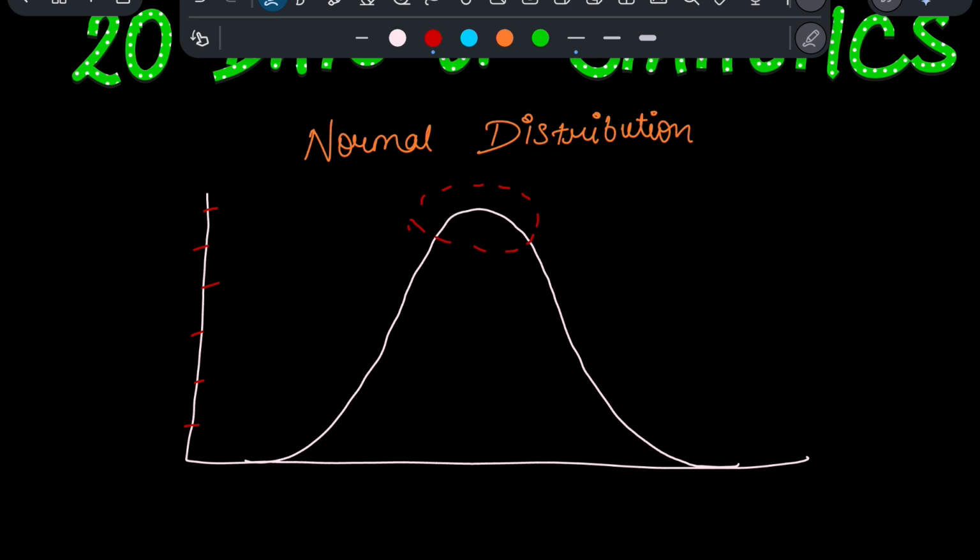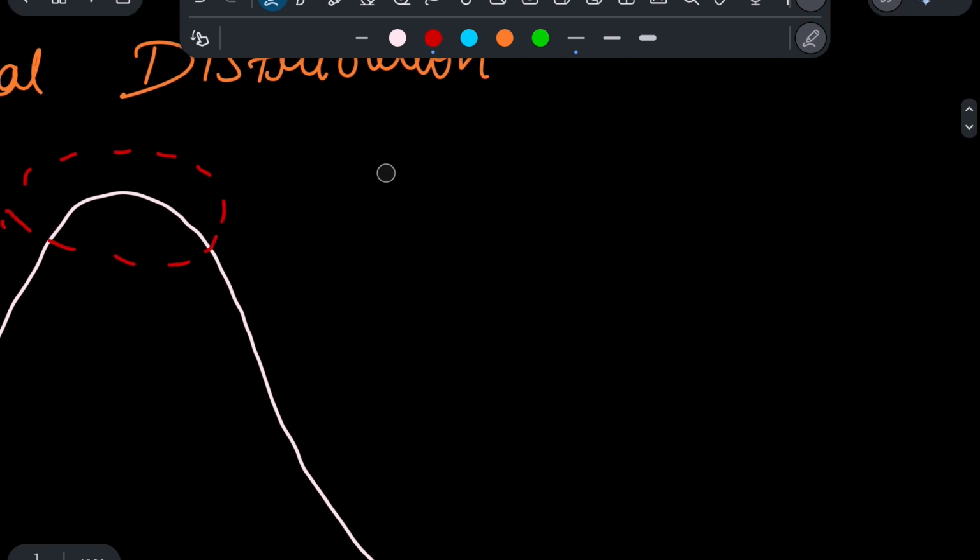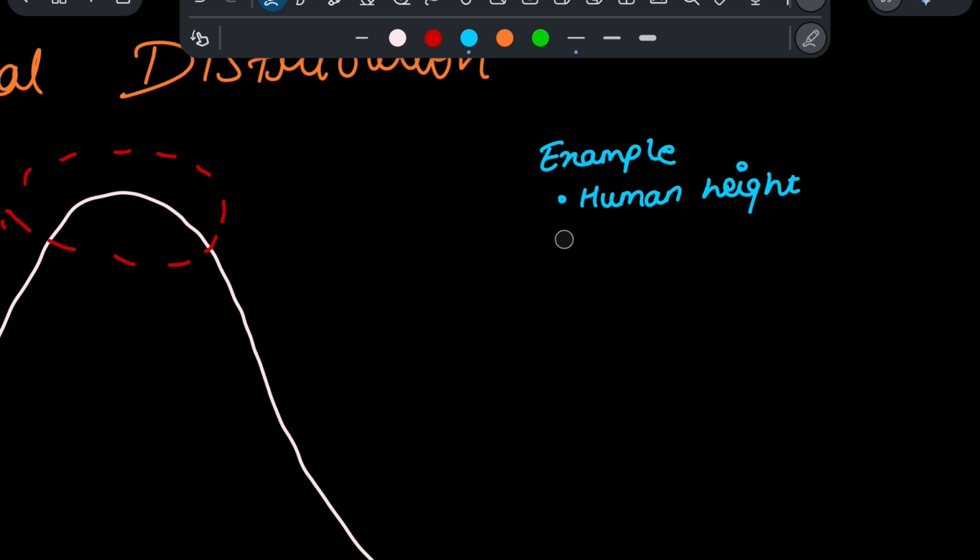Let me write the examples here. The first is human height, the second one is exam scores, the third one is blood pressure, and we have measurement errors and many natural and social phenomena.